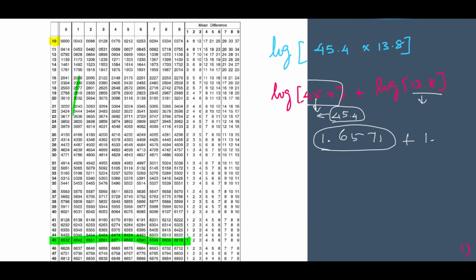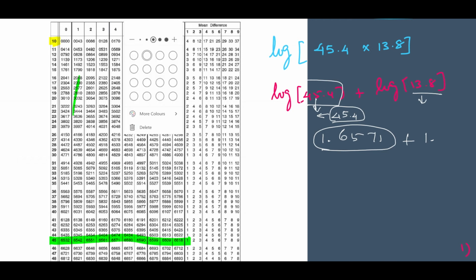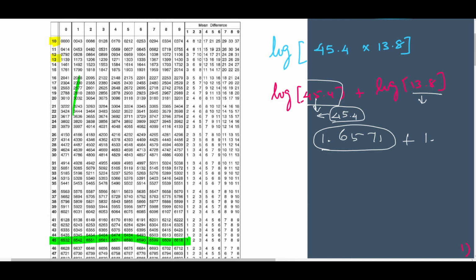Next 13 is there. The same pattern of 2 digits, so 1, we have to take. Clear? So where is 13? 13 is here. So this is my number. Then when you go for the 8, 1399 is there. 1399 is my number. Here also there is no mean difference.